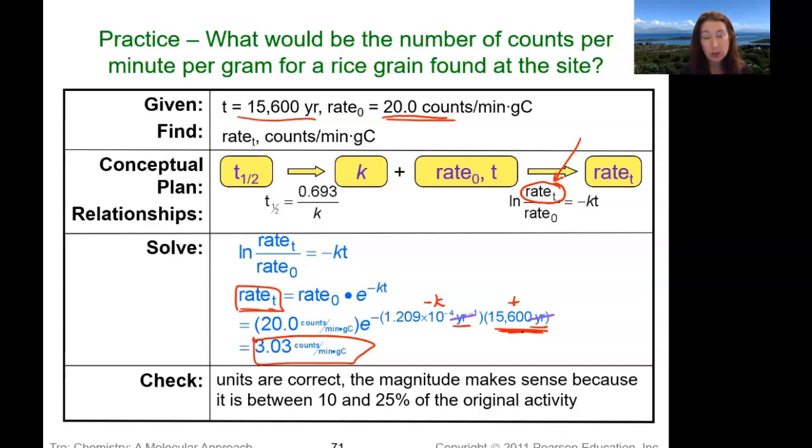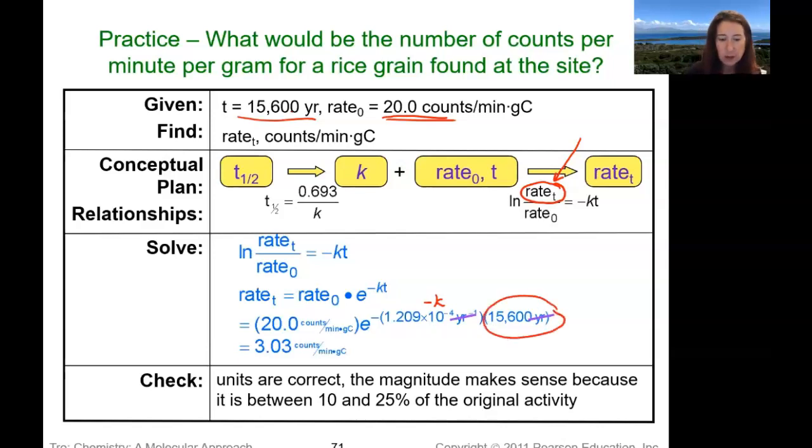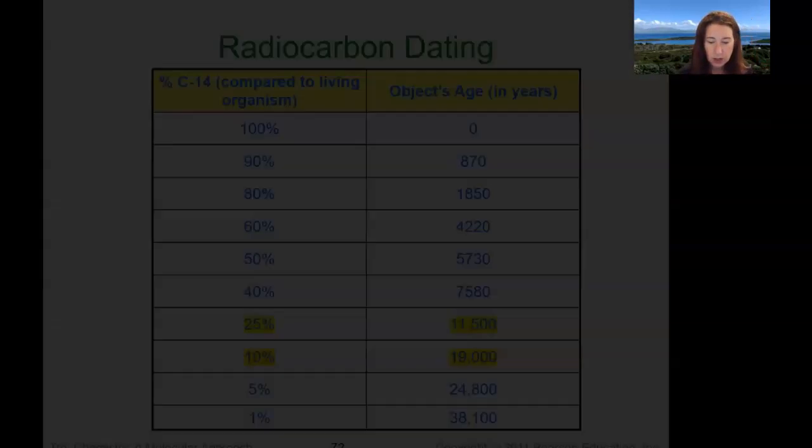Now, I'm going to show you using radiocarbon dating what they can tell. I'll show you how they do this using the chart. So if something is 15,600 years old, here's a little chart.